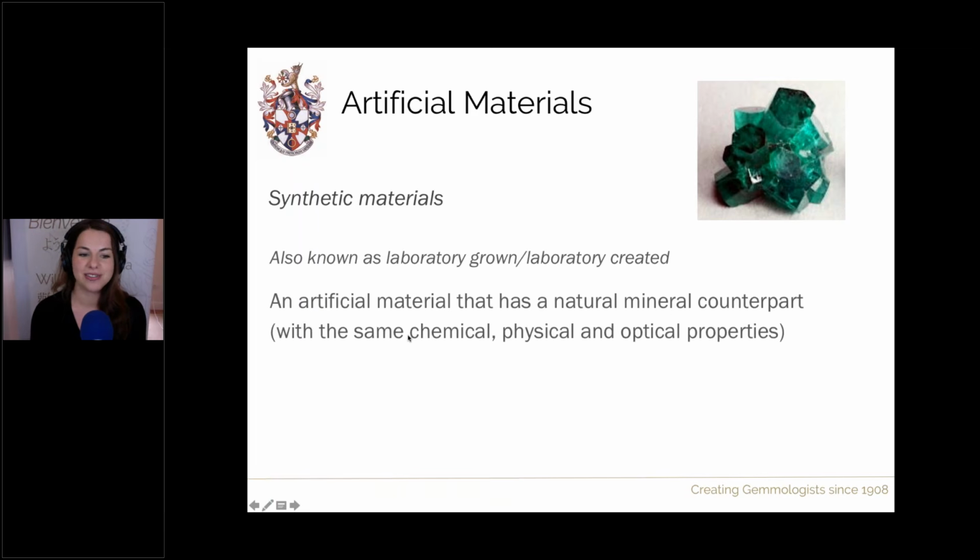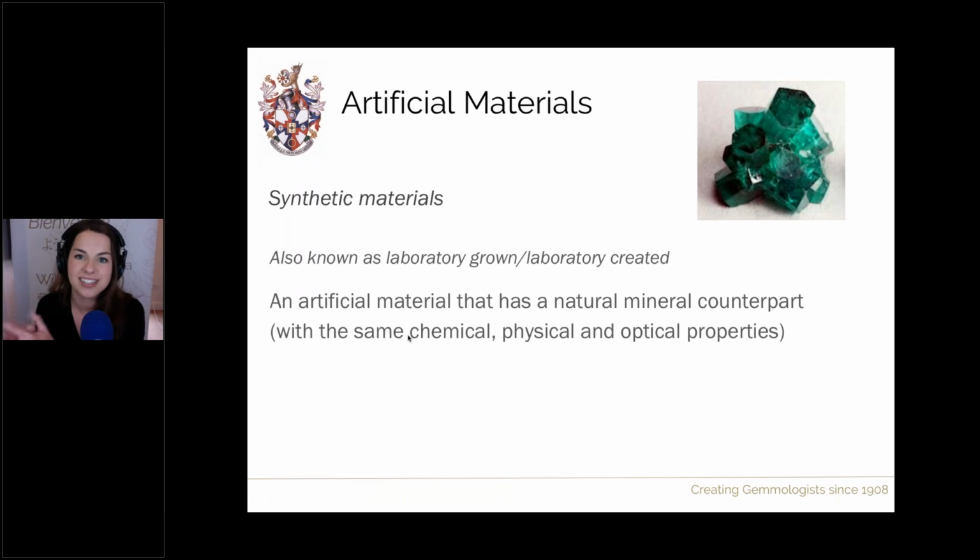But a synthetic material is an artificial material, so one that has been made completely by humans, completely manufactured, but it does have a natural mineral counterpart. So in nature, there is something that has the exact same chemical composition and crystal structure, and therefore, because of those two things, it also has the same physical properties: the same hardness, the same toughness, the same type of cleavage if it has cleavage, and also the same optical properties.